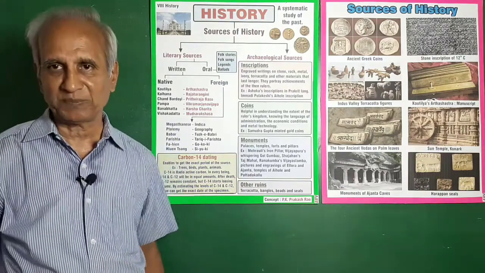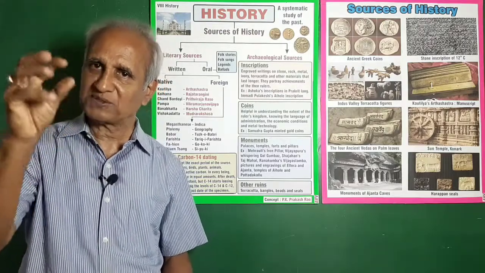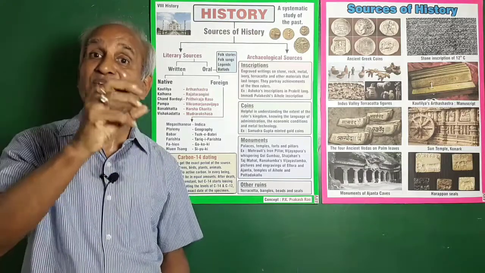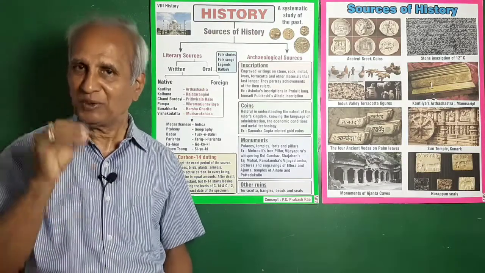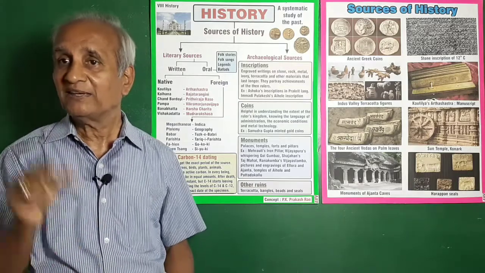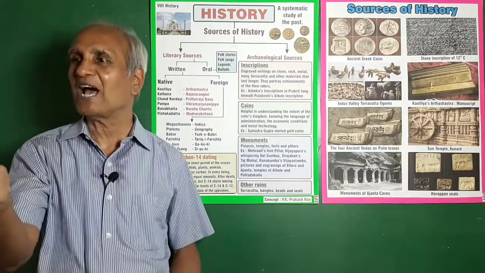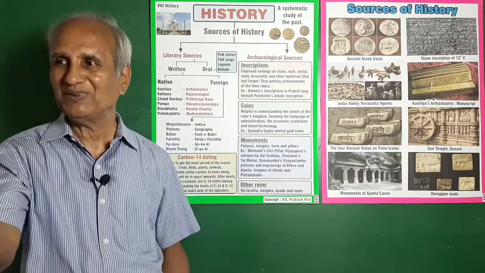Carbon-14, carbon is an element. 14 is an isotope. Sometimes the same element will be in different forms, having different isotopes. One single element, carbon, stays in different forms. Diamond is also carbon. Charcoal is also carbon. Charcoal, you know charcoal.